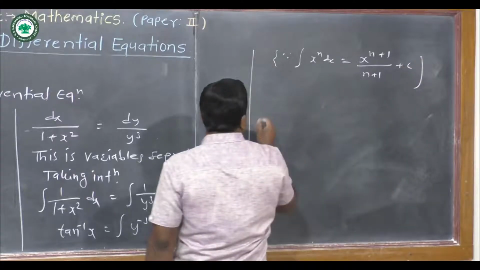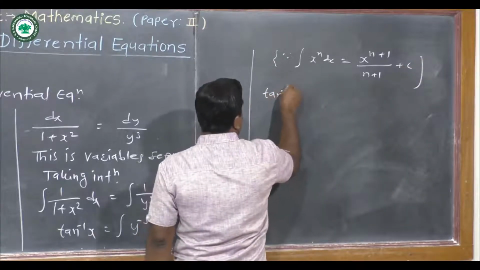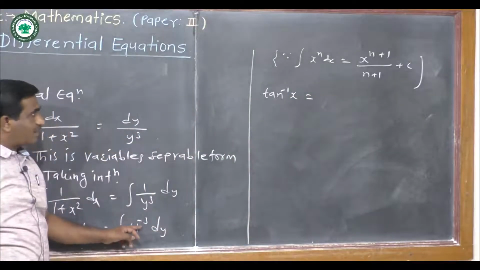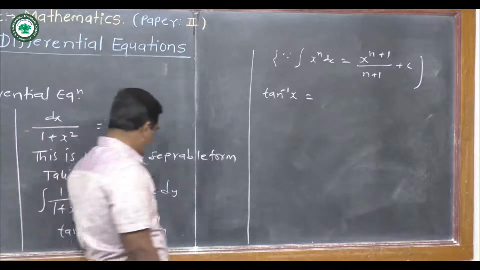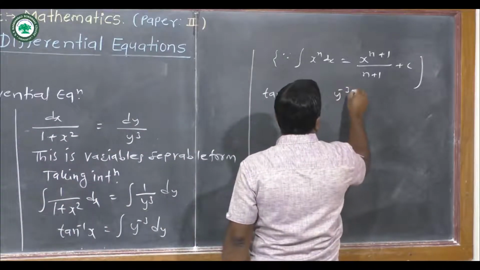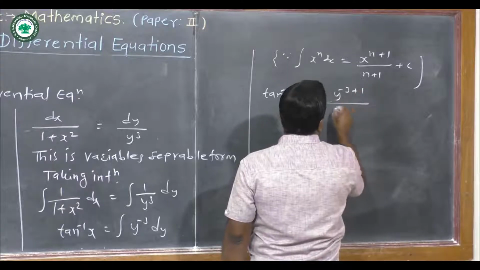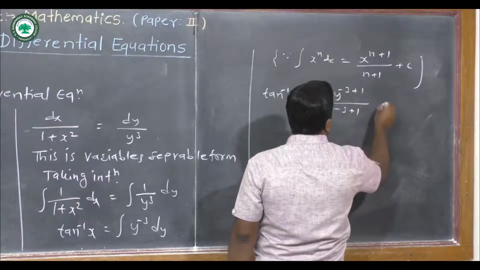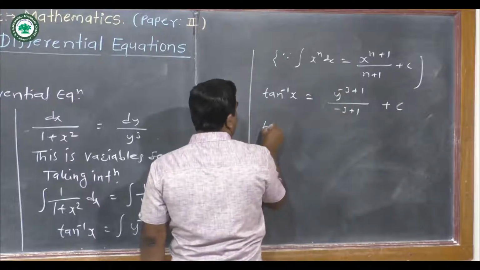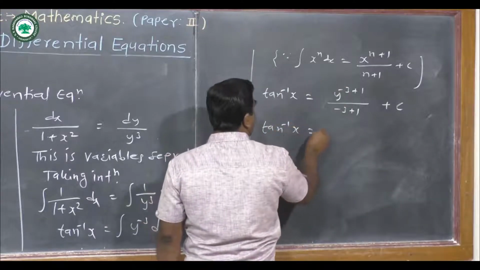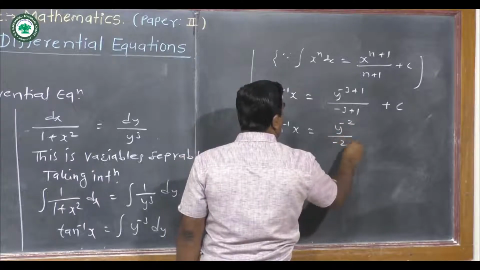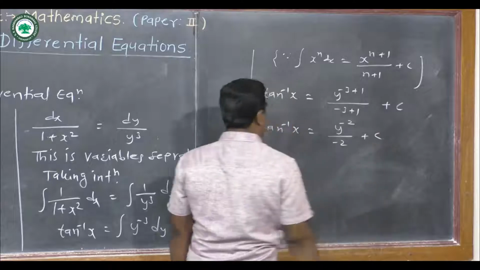Therefore we can write tan inverse x is equal to the integral of y raised to minus 3. Using this formula, we can write y raised to minus 3 plus 1 upon minus 3 plus 1, plus the constant of integration c. That is, tan inverse of x is equal to y raised to minus 2 upon minus 2 plus c.